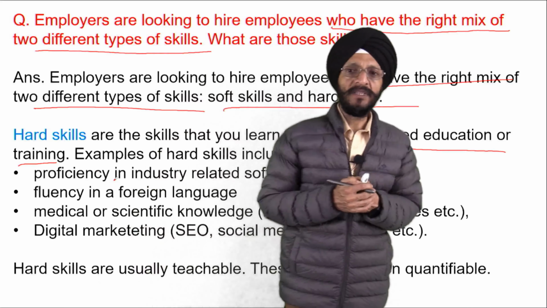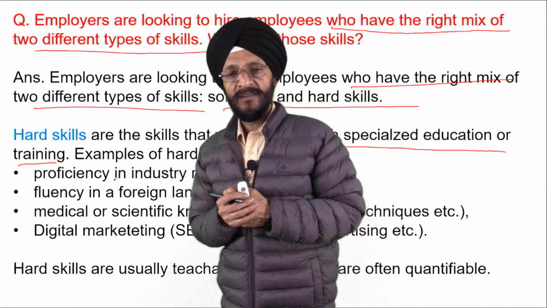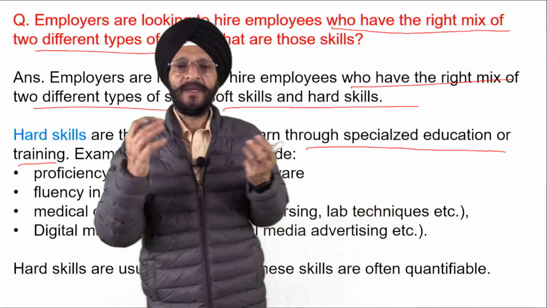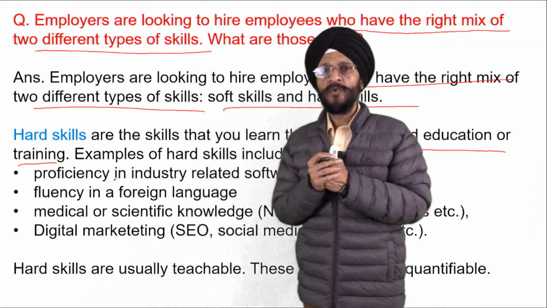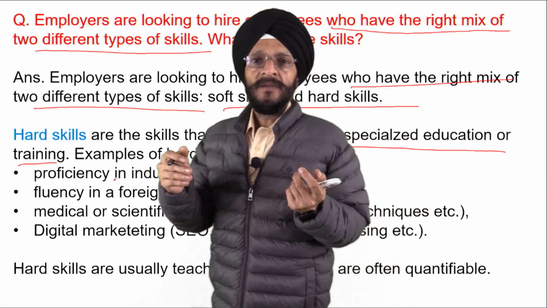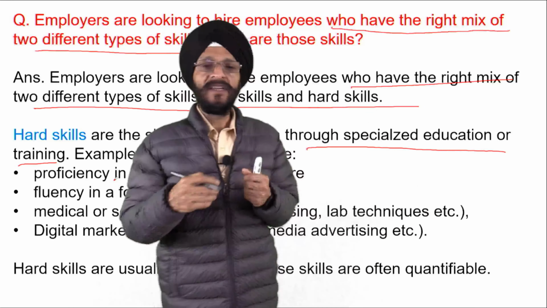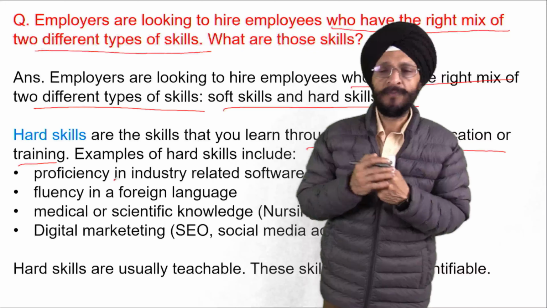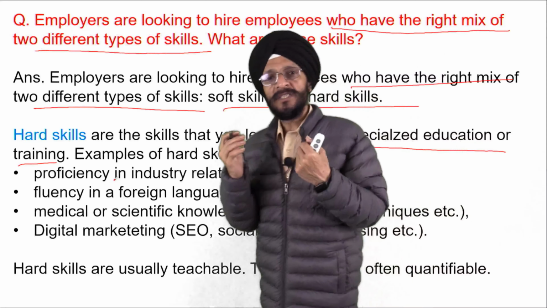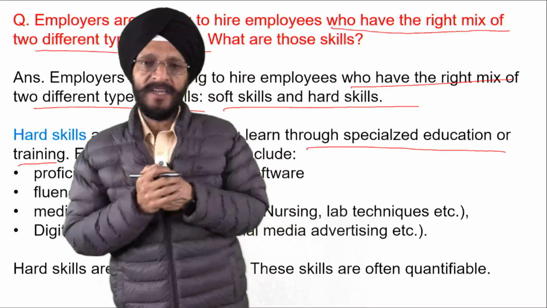It is quite possible that you may have learned many computer languages, so this is your hard skill. You may have specialization in any other field, which you may have got through special training or through some special technical education.